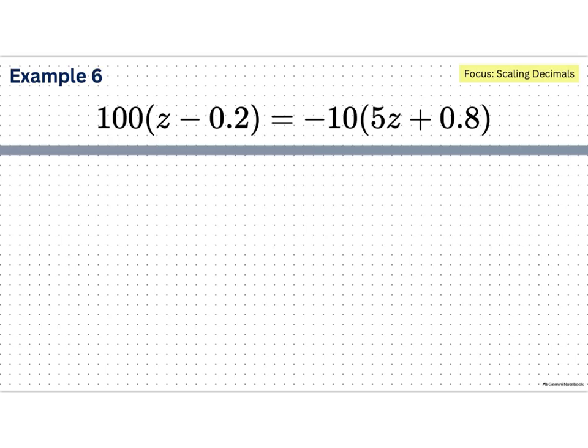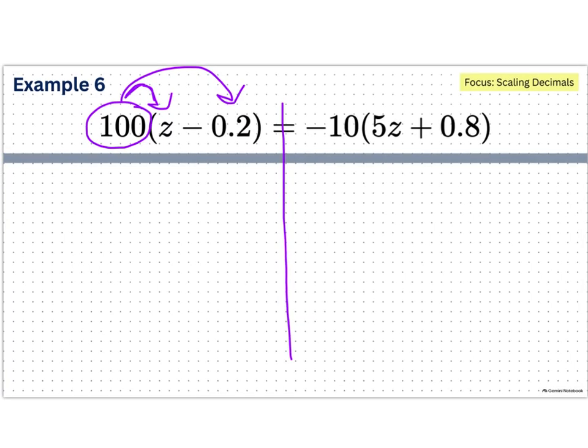Okay, this next example has some double distribution. So first we're going to start on the left. We're going to distribute this 100 to the z and to the negative 0.2. So 100z is just, if you remember, there is an invisible one here in front of this z. So that gives me just 100z.